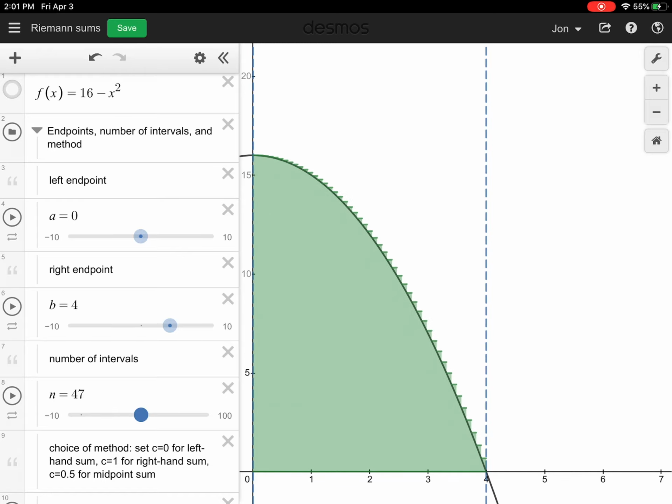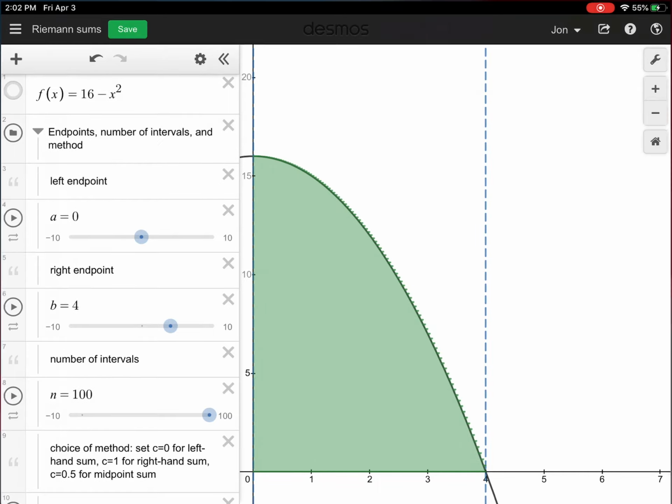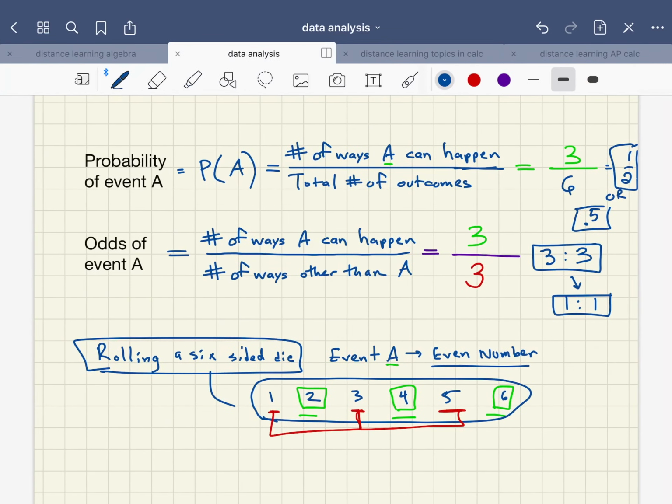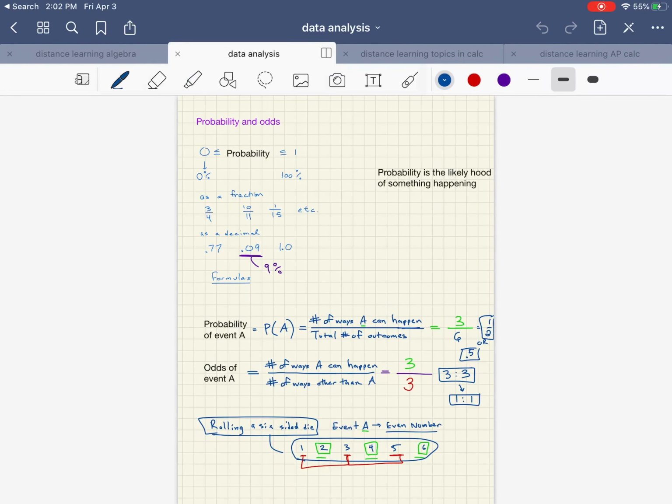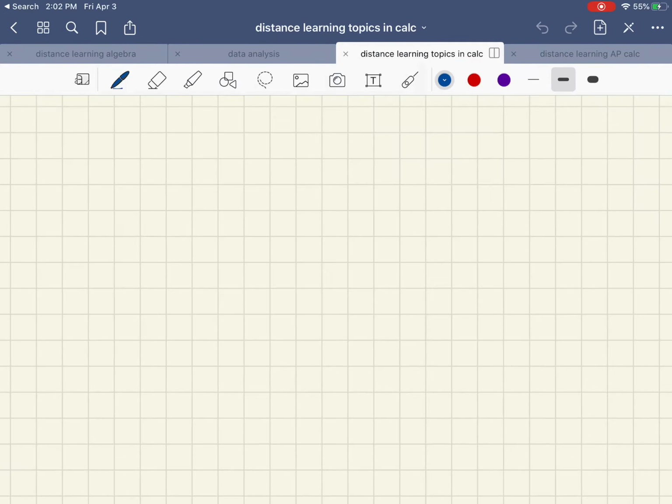As I increase the number of rectangles, the area of all of those rectangles combined is getting closer and closer to the actual area under the curve. So what we're going to do with that is I'm going to show you how it works for a small number of rectangles before we get into how it works for a large number of rectangles.